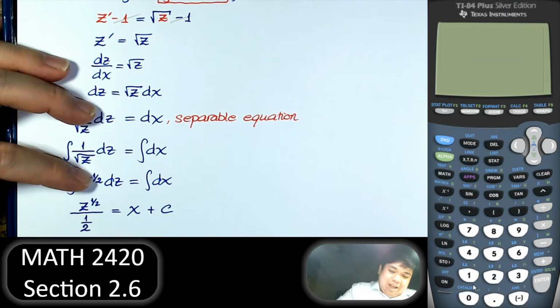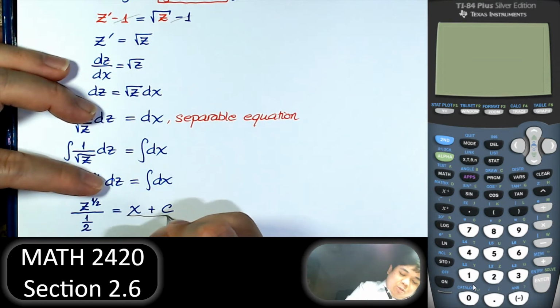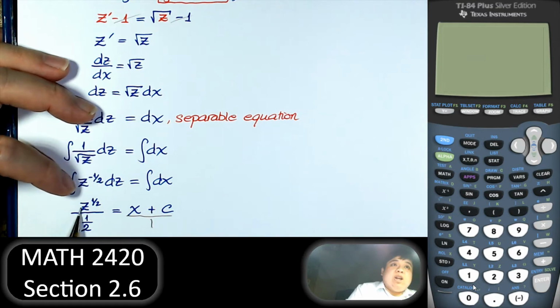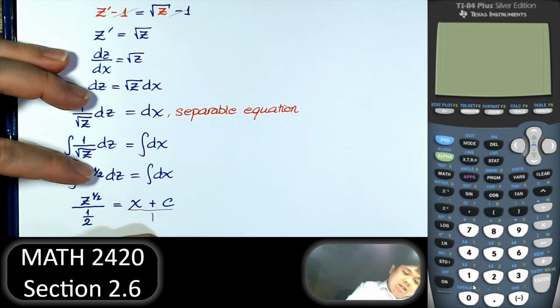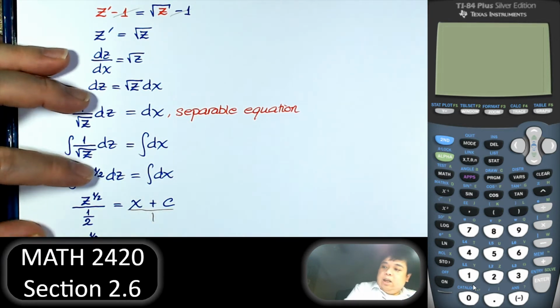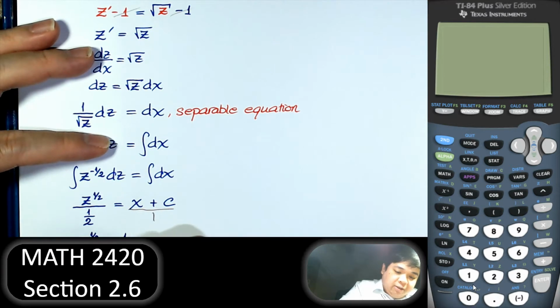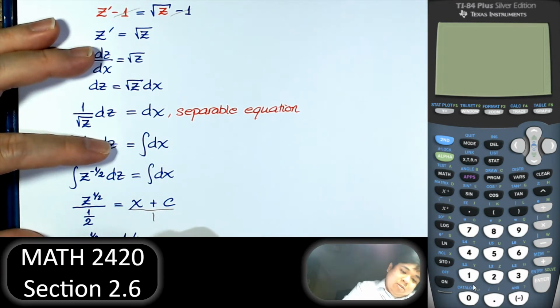And this is kind of like cross multiply, right? Multiply 1 to this and multiply 1/2 to that. So we have z to the 1/2 equal to 1/2 times x plus c.